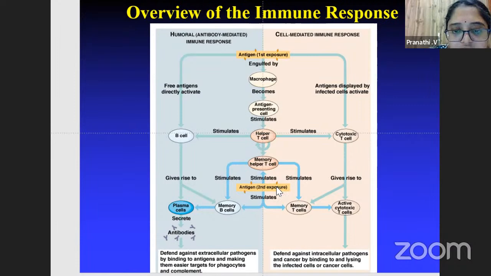So again, against the second exposure, memory cells will work, release plasma cells, or they will release the activated cytotoxic T cells, so that the antigen, whatever is there after the first dose and the second dose, is going to be killed by the antibodies which are secreted by the plasma cells as well as the activated cytotoxic T cells. So both the cell mediated response as well as your humoral, that is your antibody mediated, immune response will take place.